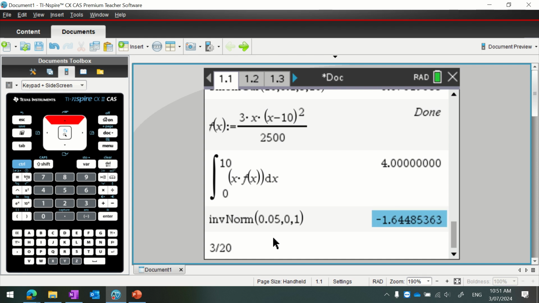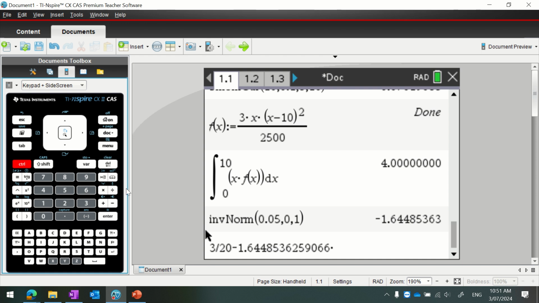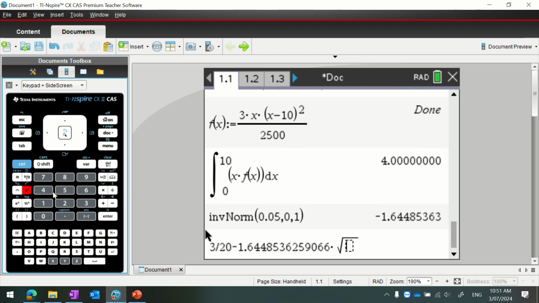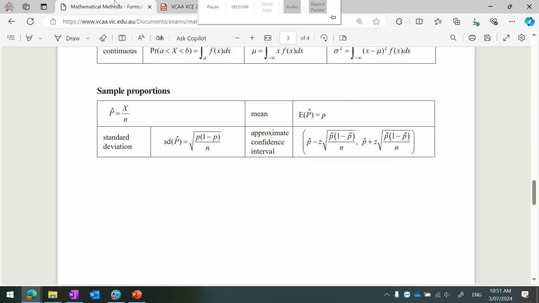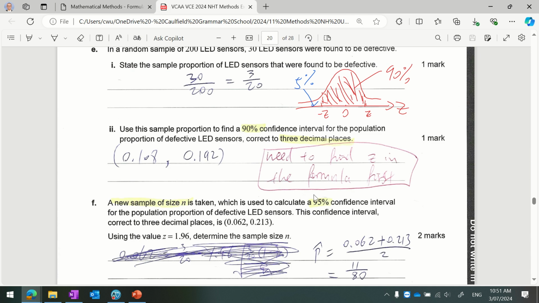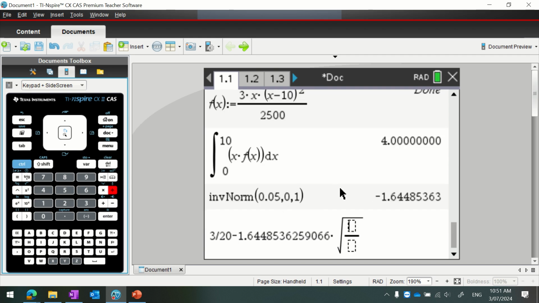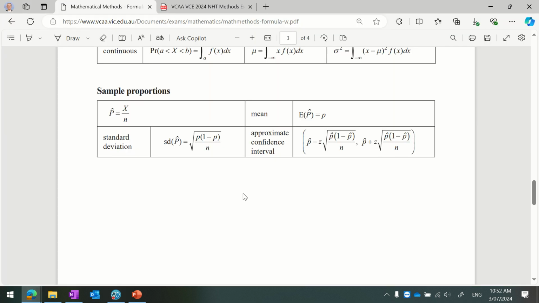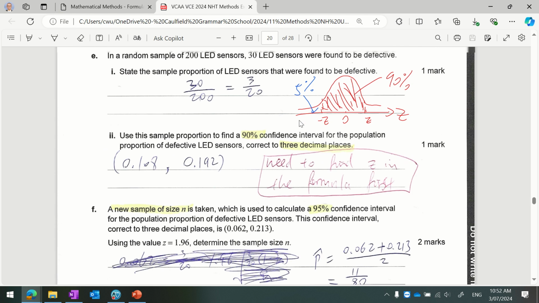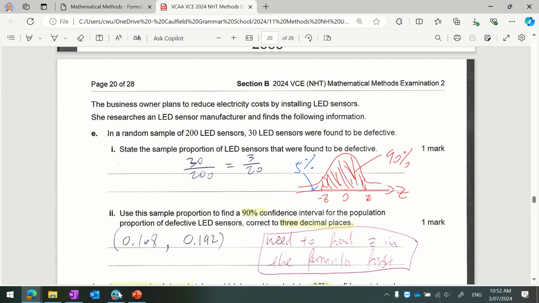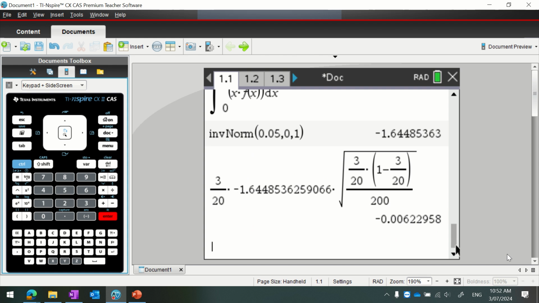minus this number times the square root of, like this, p hat is 3/20 times, I'm just going to write this out exactly the same as the formula, 3/20, 1 minus 3/20, and the sample size is 200, so we put 200 in here, and that's the answer.